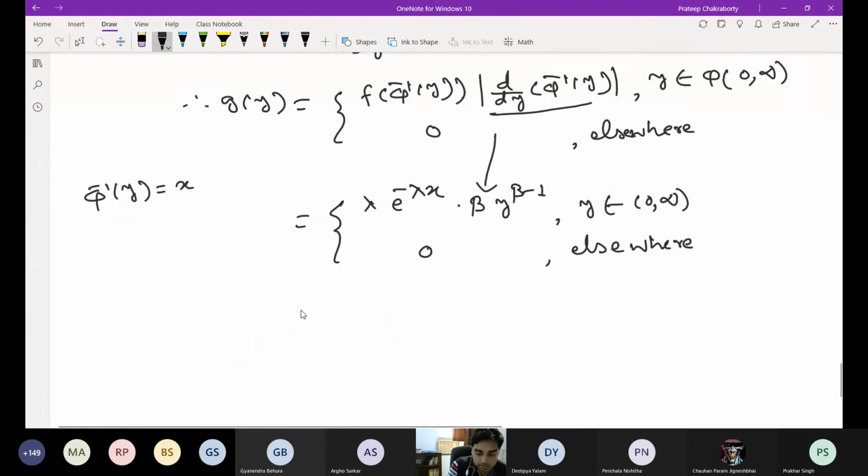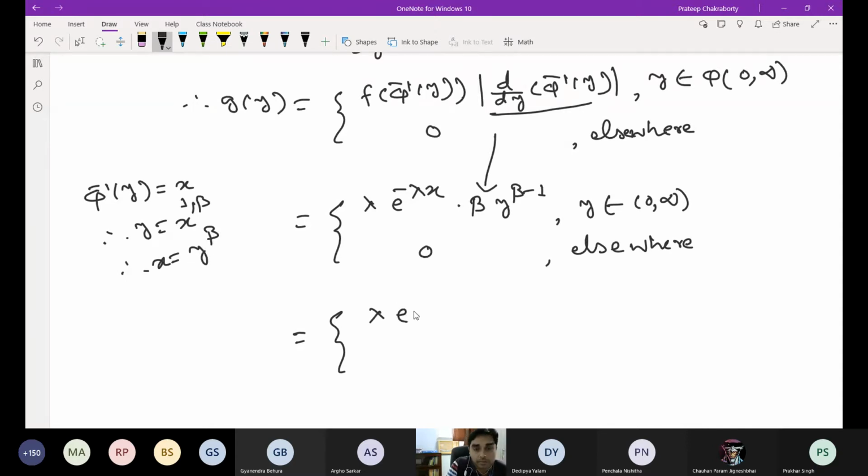And now for x, y is equal to x power 1 by beta. So x is equal to y power beta.